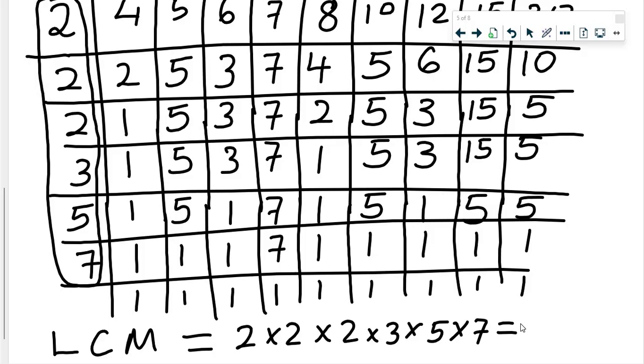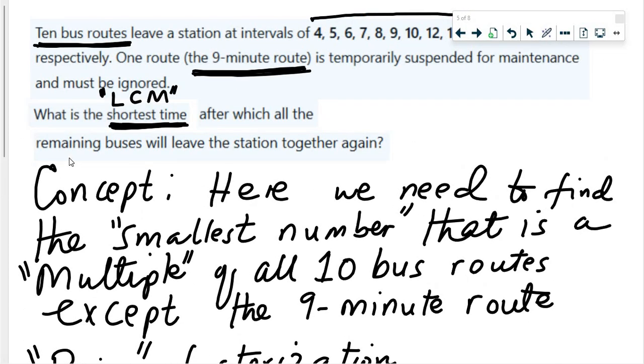How many 2's? 1, 2, 3 2's, and then 3, 5, and then 7. When you multiply, this is your homework, but I'm giving you the answer: it is 840.